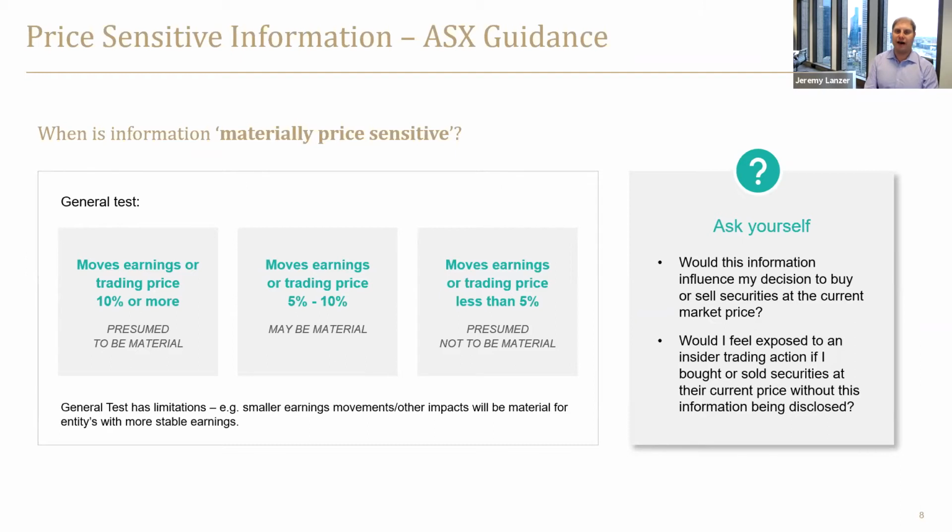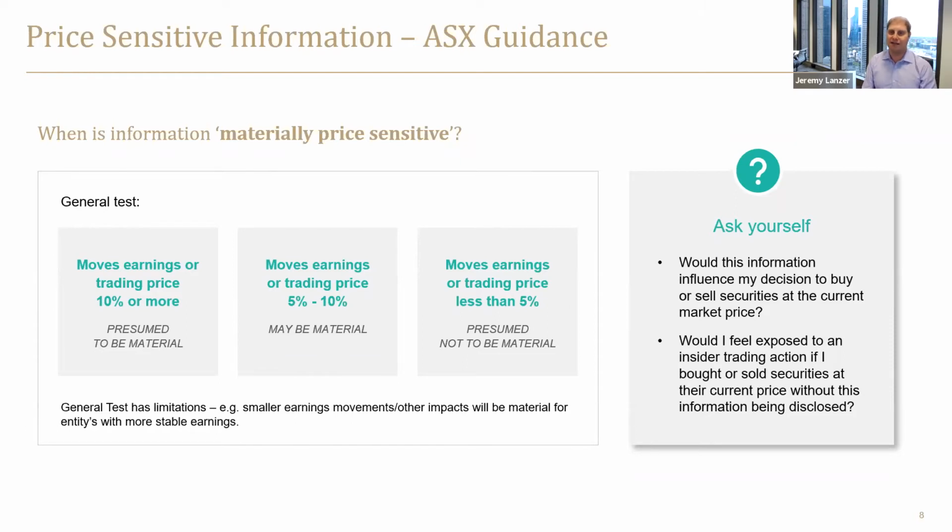If I'm an insider and I'm aware of this information, a really good litmus test to determine whether it's probably material or not is, would I trade on this information now? And if I did so, would I be comfortable, or would I feel like I might be exposed from an insider trading perspective, because the market wasn't aware of this information, and had they been aware, it would have impacted their decision?